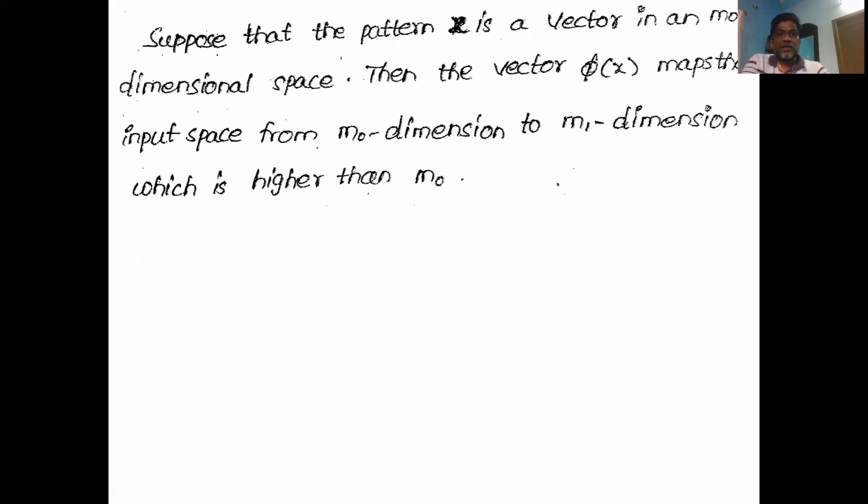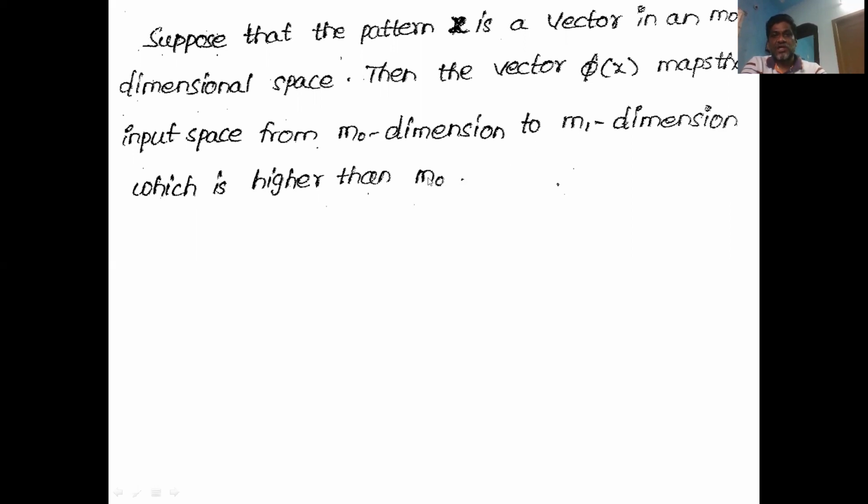Suppose that the pattern X is a vector in an M0 dimensional space. Please see that carefully. If the input space is M0 dimensional, then the vector phi of X maps the input space from M0 dimension to M1 dimension, which is definitely going to be higher than M0.